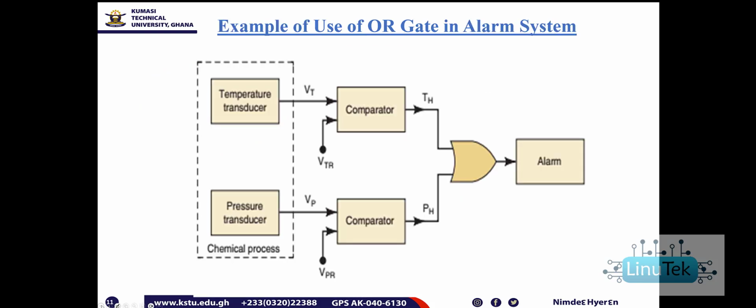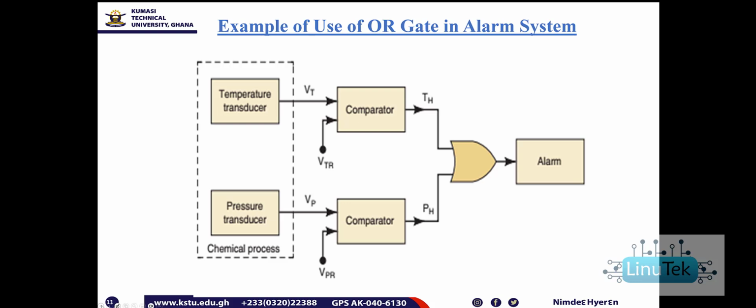Now, let's look at an example of what an OR gate can be used for. So when we take a basic alarm system, which is measuring temperature as well as pressure. Now, we have a comparator.